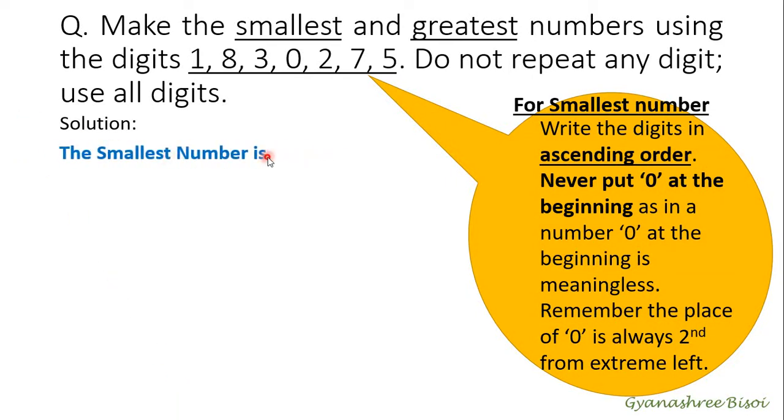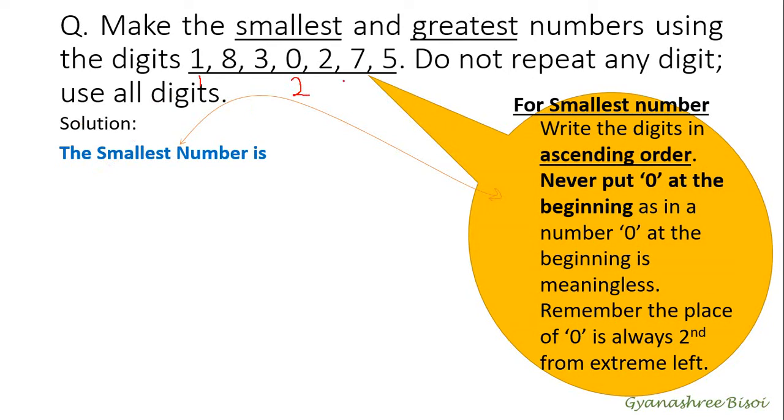So we need to follow this rule. Ascending order means 0, 1, 2, but 0 is fixed at the second place. Then the first place will be 1.